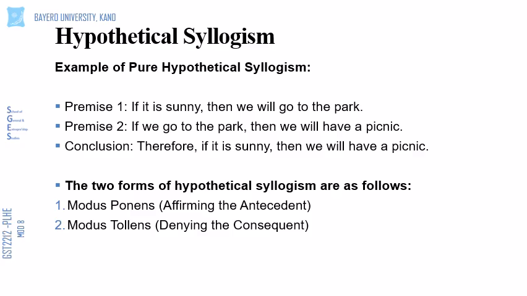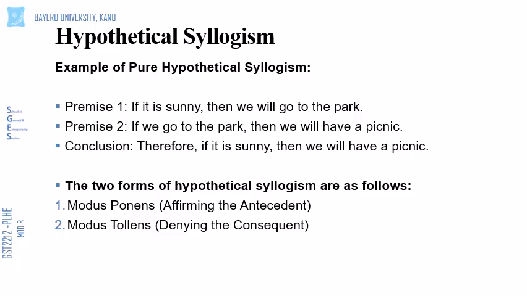So here we have an example of the hypothetical syllogism. Premise number 1: if it is sunny, then we will go to the park. Premise number 2: if we go to the park, then we will have a picnic.